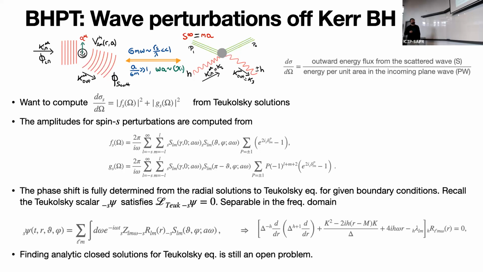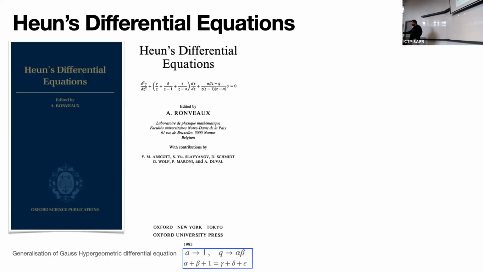Okay, so this is actually not a very straightforward problem. And in general, finding an analytically closed solution for this equation is still an open problem. The reason is that the Teukolsky equation is actually a very interesting equation called the Heun equation. So let me just tell you a little bit about the Heun equation.